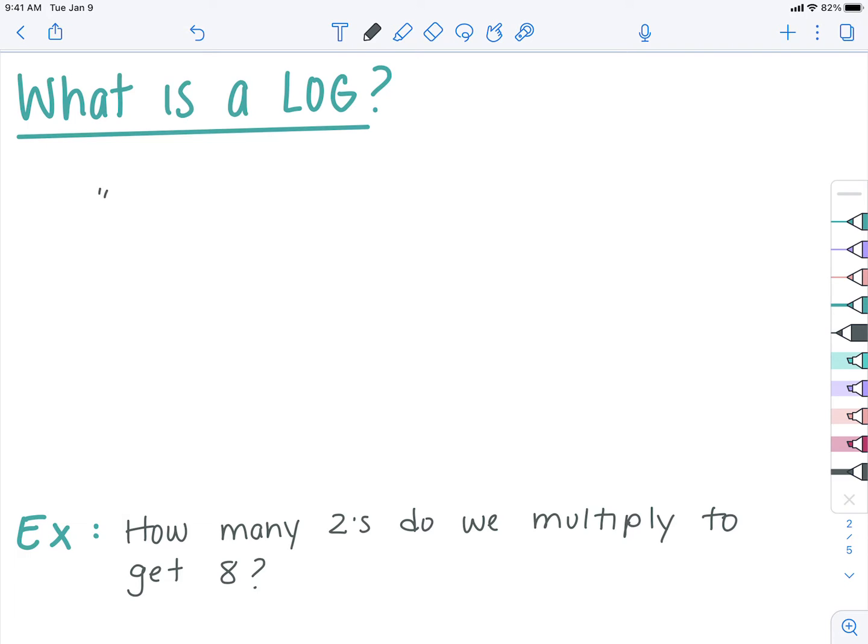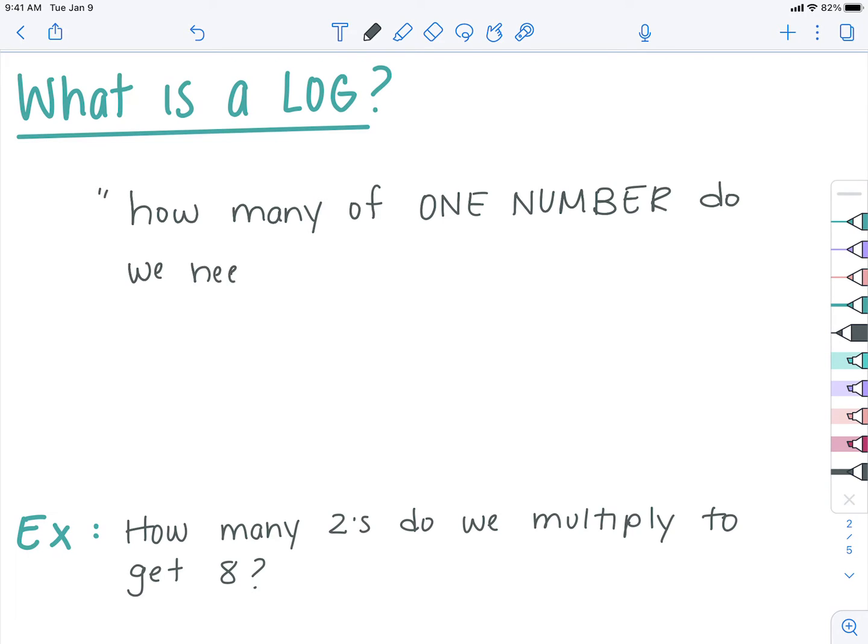So all we're really saying is how many of one number do we need to multiply to get another number.